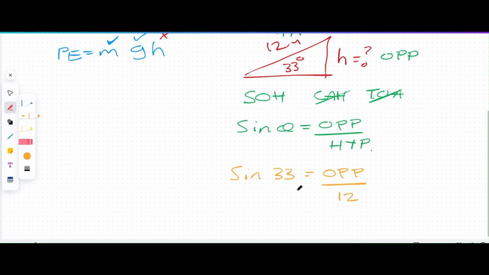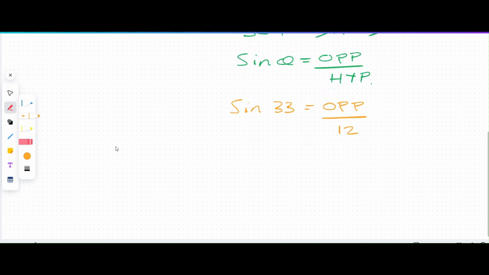So to rearrange that, I'm going to bring the 12 across. Sine 33 times by 12 will give you the opposite side. Okay, which on your calculator will give you 6.5 meters. Make sure you're in degrees.